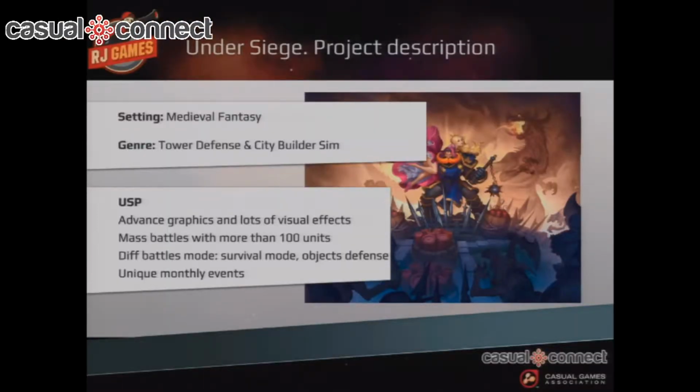It's a fantasy game in a mix of genres, tower defense and city building. It took us 4 months to go from concept to the first release, which happened on the Russian social network Kontakty.ru in August 2012.